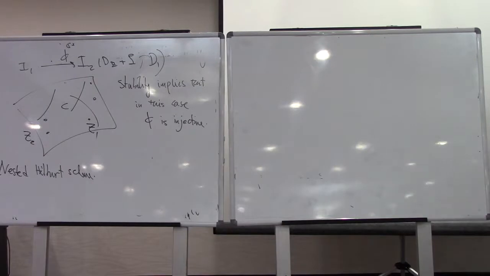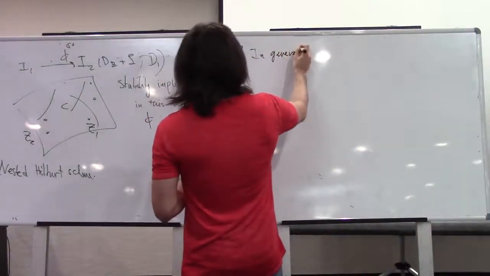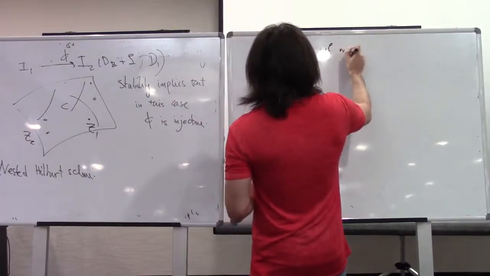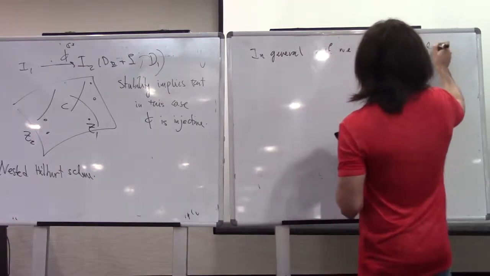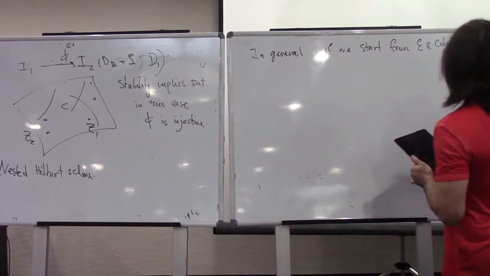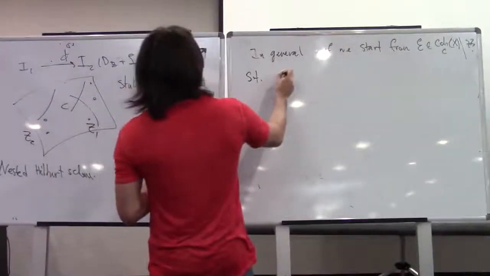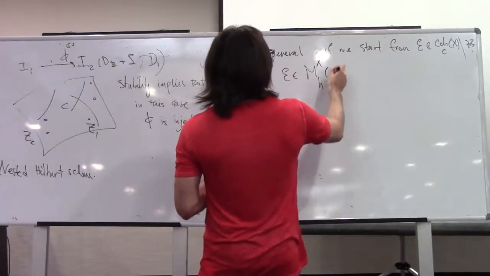In general, if we start from some E in this category of compactly supported sheaves, such that E is an element of our moduli space, the torus fixed locus of our moduli space.